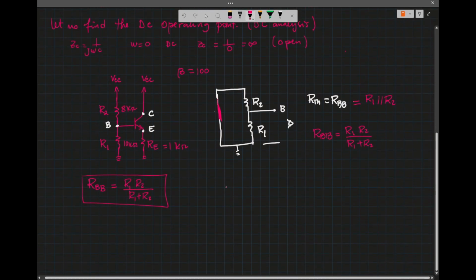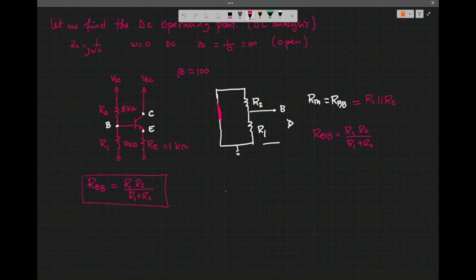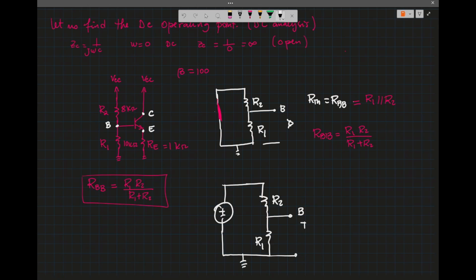Now let's find the terminal voltage at the base. So I'm going to redraw the base. We have this resistor R2, this resistor R1, and this is the base. Let's say this is ground. We're looking for the voltage here that I will call VBB.